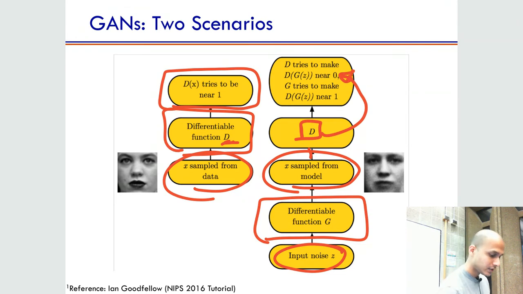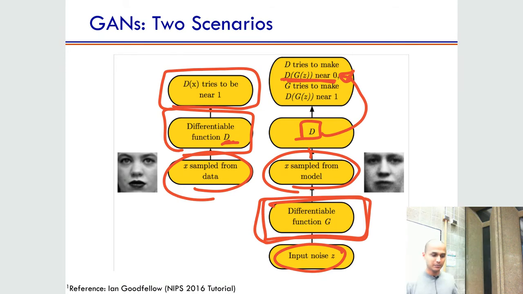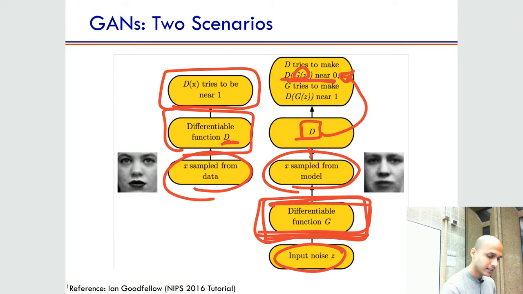So D tries to make the output for G of z, which got some random input and created a sample, close to 0, whereas G itself, the function creating this interesting sample, is going to update itself, or change its parameters, such that it can make D evaluate to 1.